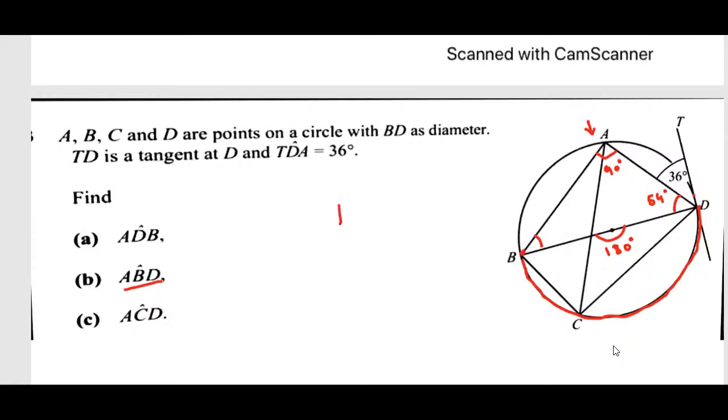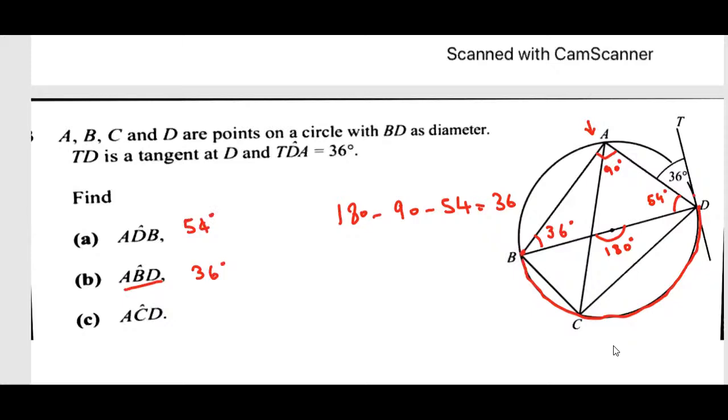So 180 minus 90 minus 54 is going to give you the angle at B, and that would be 36. So this is going to be 36 degrees and ADB is going to be 54 degrees.